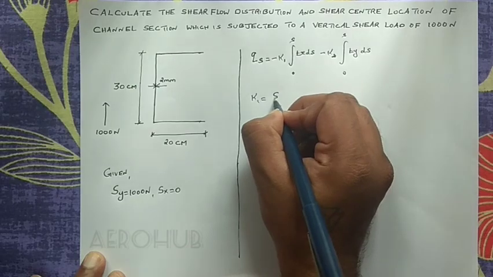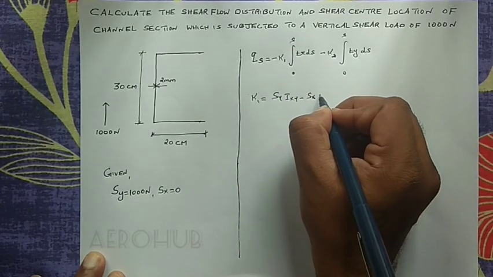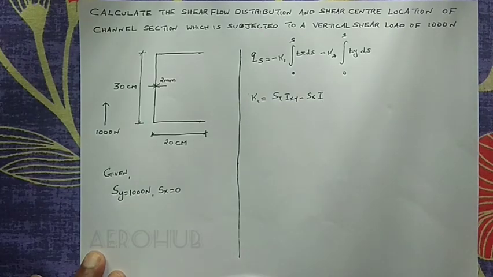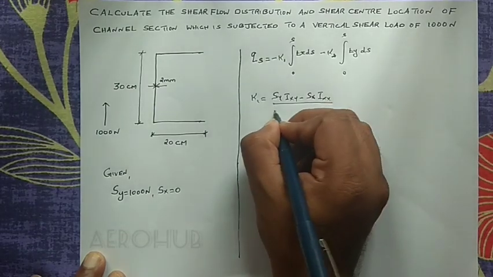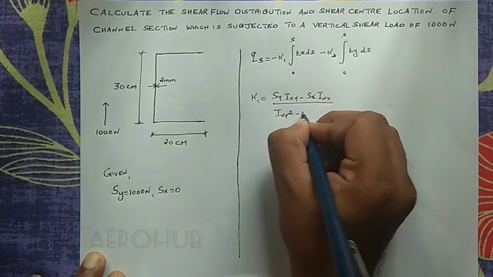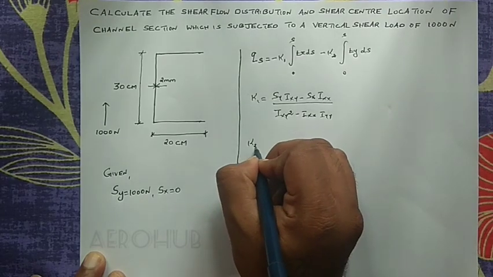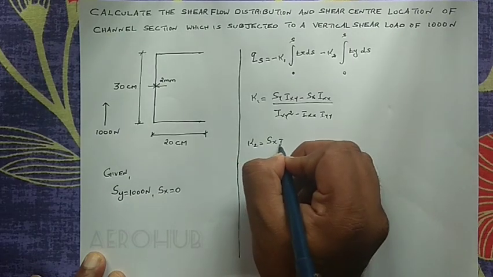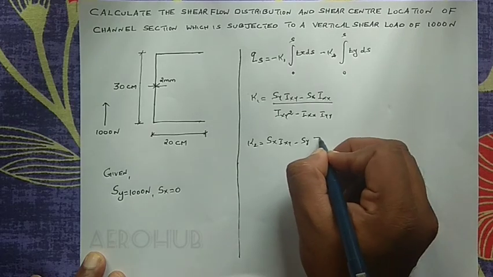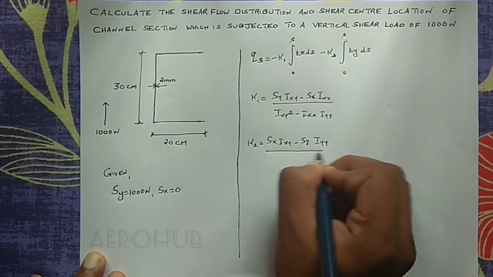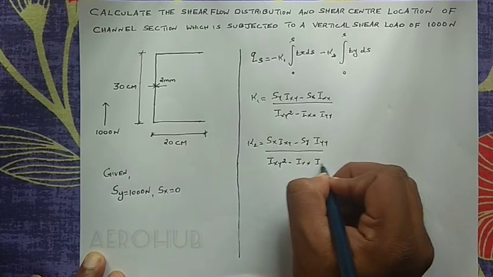It is nothing but Sy Ixy minus Sx Ixx divided by Ixy square minus Ixx Iyy, and k2 is equal to Sx Ixy minus Sy Iyy divided by Ixy square minus Ixx Iyy.